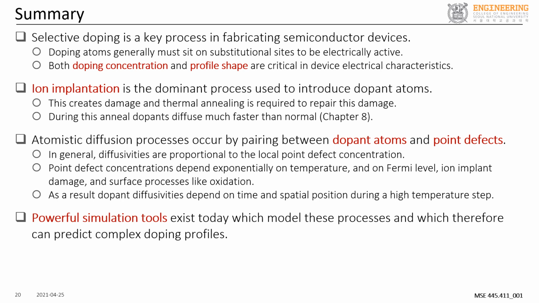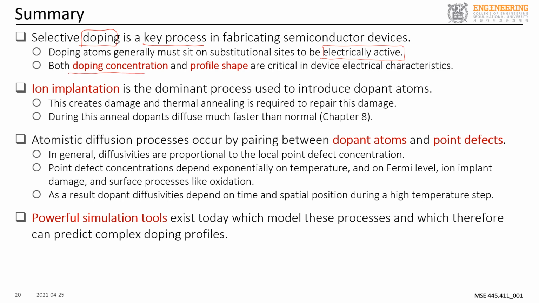So to summarize the entire chapter summary, doping is important for making transistors, and they have to be electrically active. That's the reason why we dope the silicon.